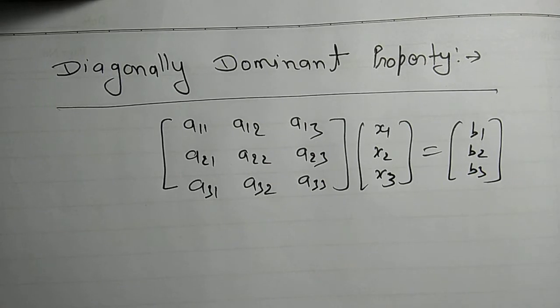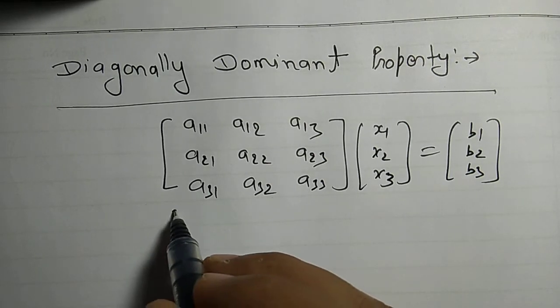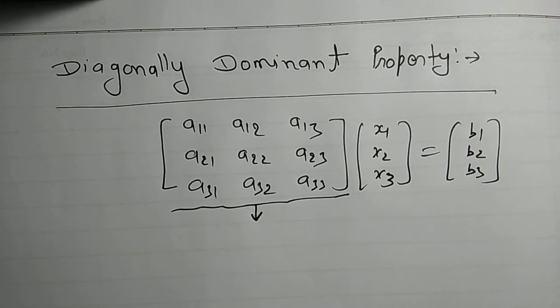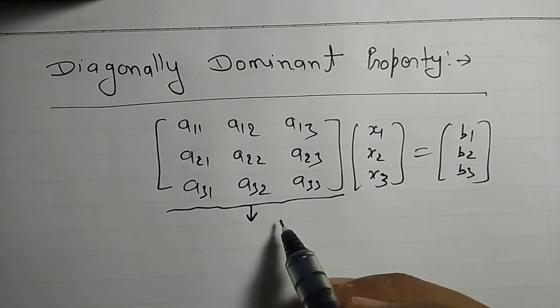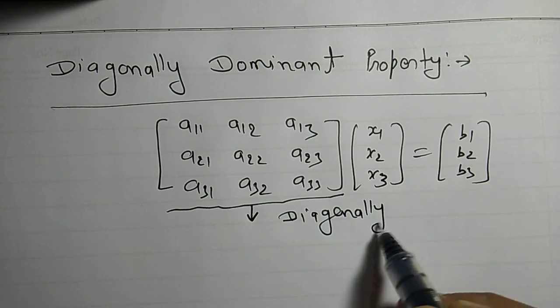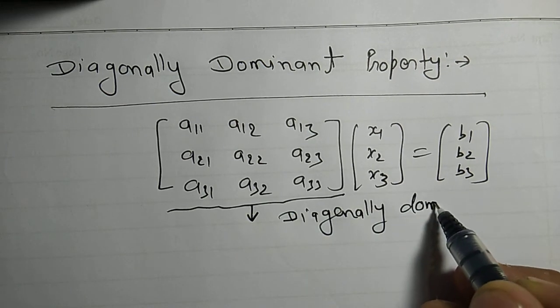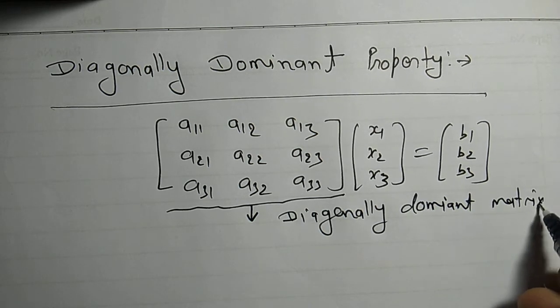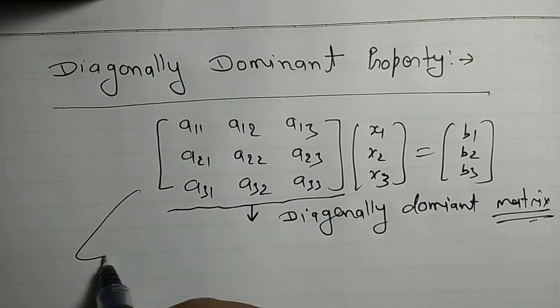So this was the system of equations. This coefficient matrix A should be a diagonally dominant matrix. So what is a diagonally dominant matrix?